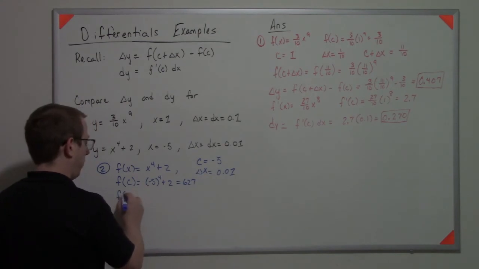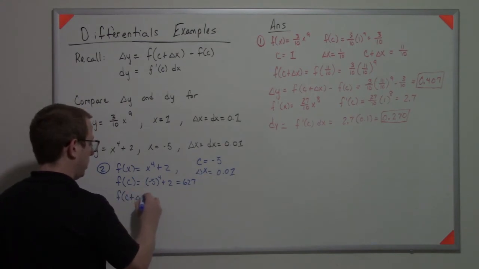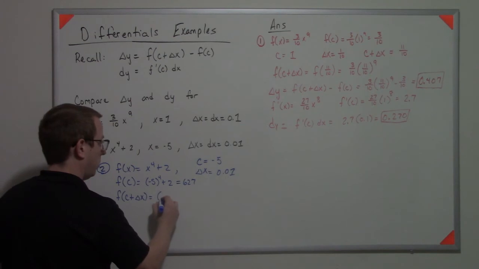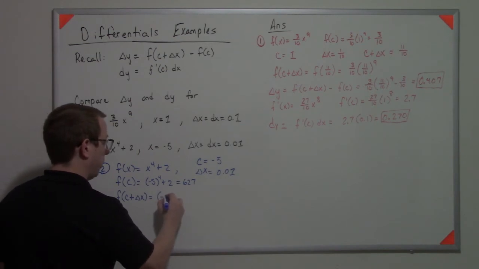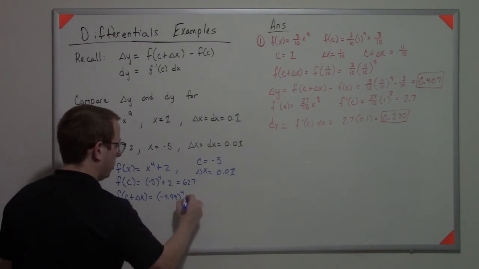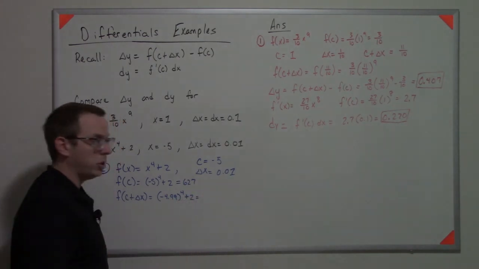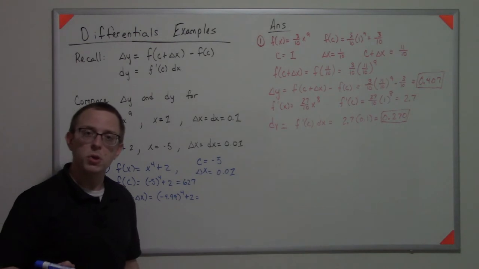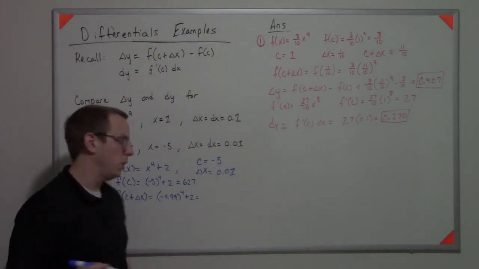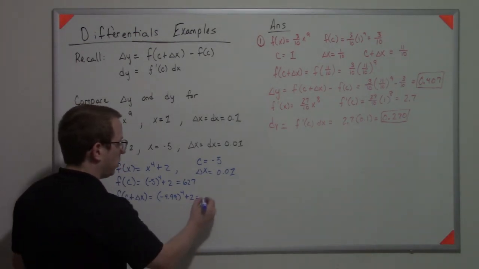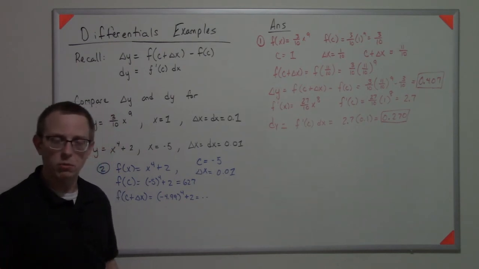And then we have f of c plus delta x, which is -4.99 to the fourth plus 2, which, I'll be honest with you, I forgot to calculate. It is some number; plug it into a calculator, it won't take very long.